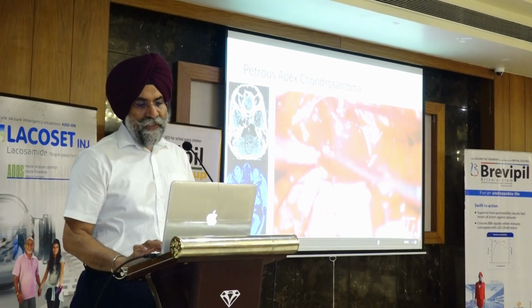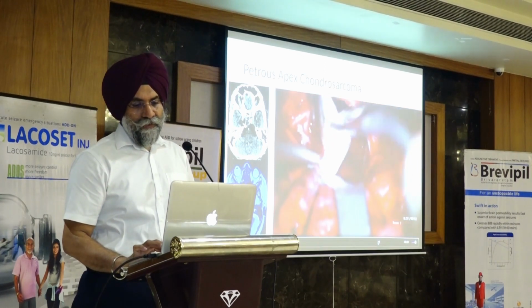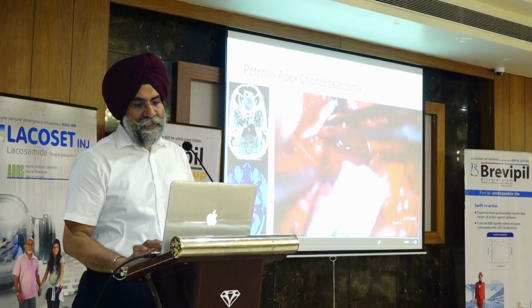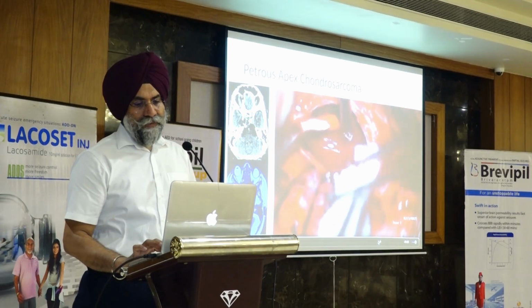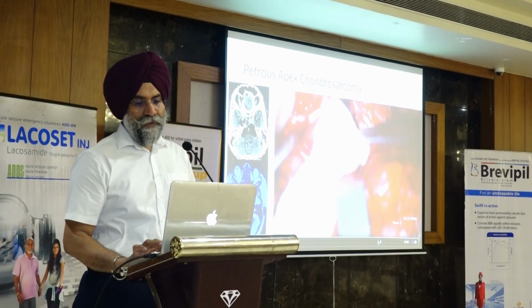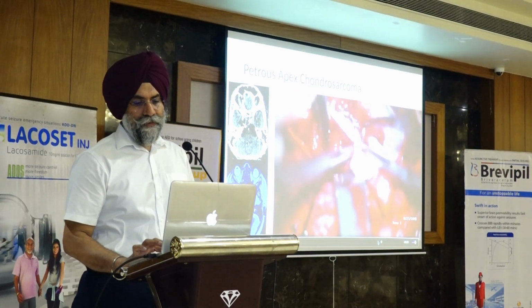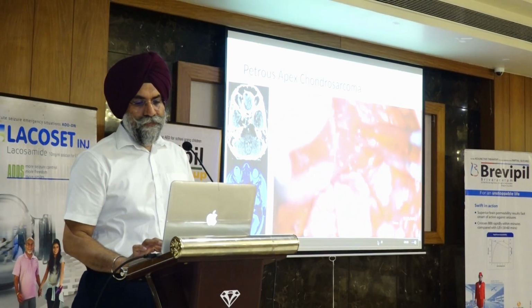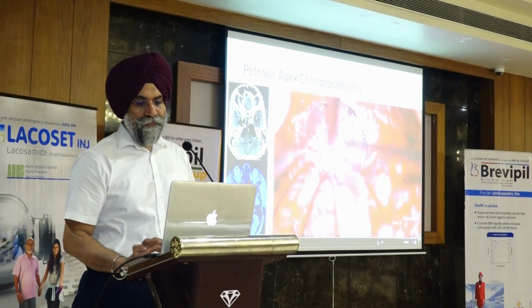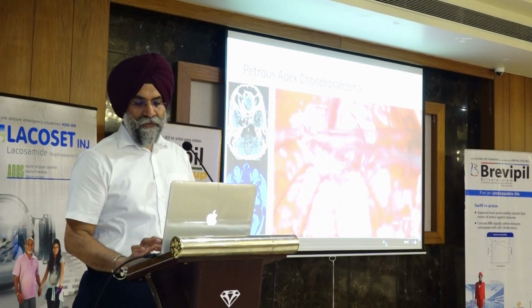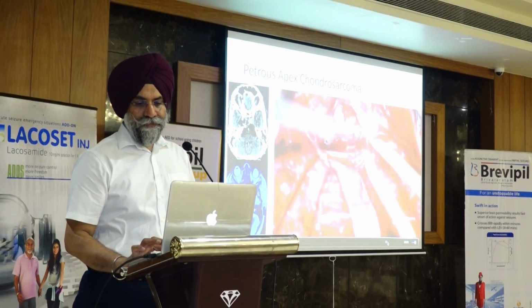So this is a cavernous sinus bleeding, and it is controlled with the help of a gel foam and then a patty. Just press over time and it will stop.